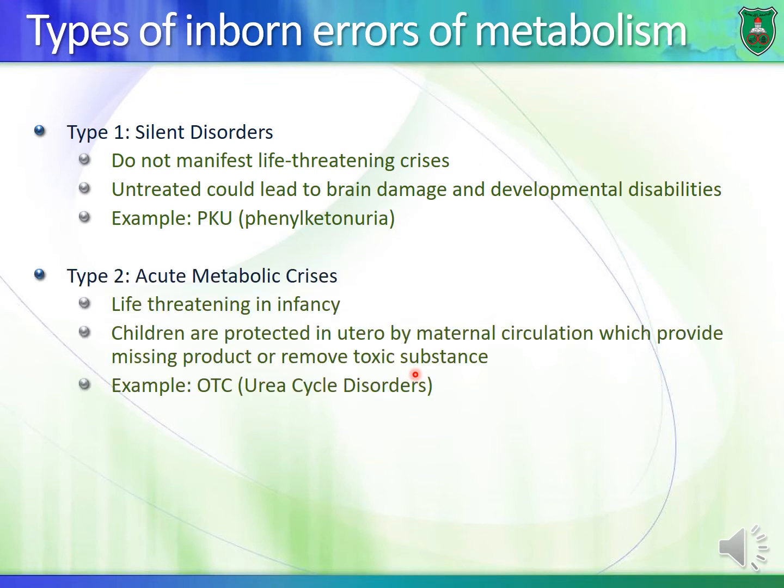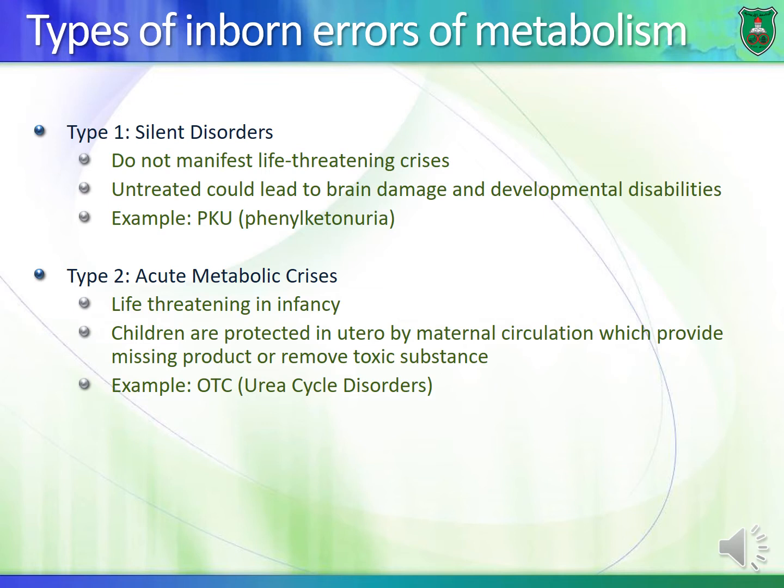Now we have other types of inborn errors of metabolism that can cause acute metabolic crises, and they are life-threatening. Examples include disorders related to the urea cycle. As long as they are in the fetal stage, they are protected in utero as a result of the maternal circulation providing the fetus with the necessary products.